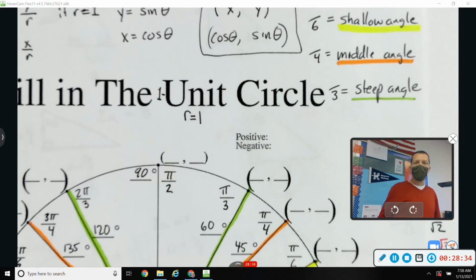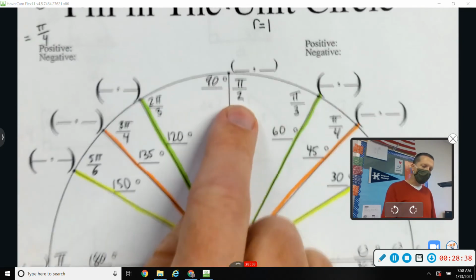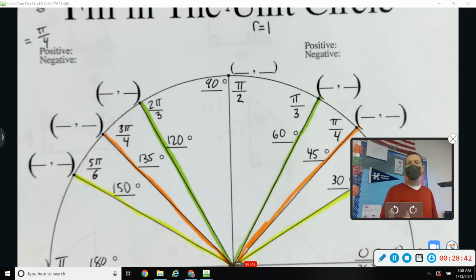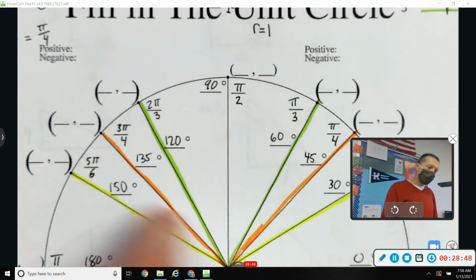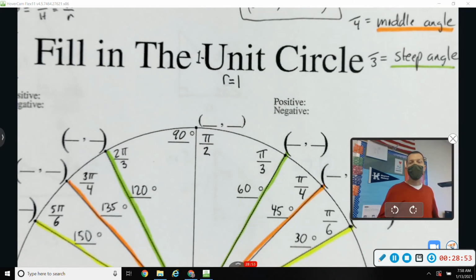And we've already worked on landing them in the right quadrant, because that's when you think about, well, is it bigger than 1/2? Is it bigger than 3 pi over 2? Where does it land? That gets you the right quadrant. And now we know that over 6 is always shallow, over 4 is always the middle, over 3 is always the steep one.